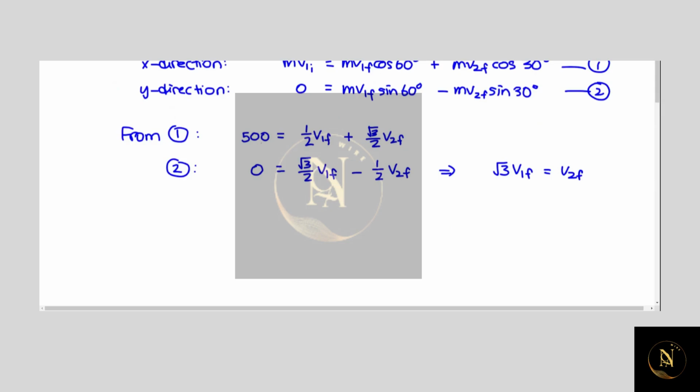And then we will solve the two equations. 500 is equal to half, and we want to find v2f first, so I'm going to substitute v1f, which is 1 over root 3 v2f, plus root 3 over 2 v2f.